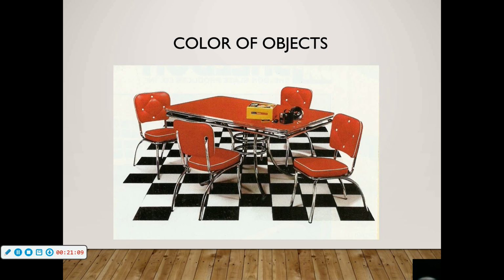When we think of iconic things, like iconic diners in Americana, that black, white, and red is a very specific color scheme that is partially being chosen to evoke a sense of edginess and hipness.